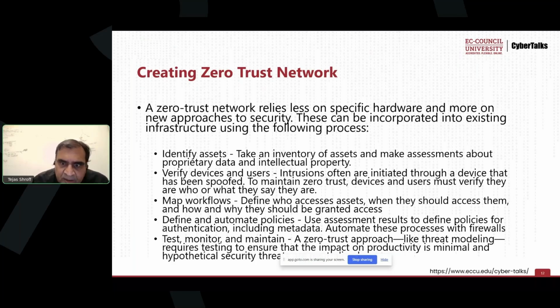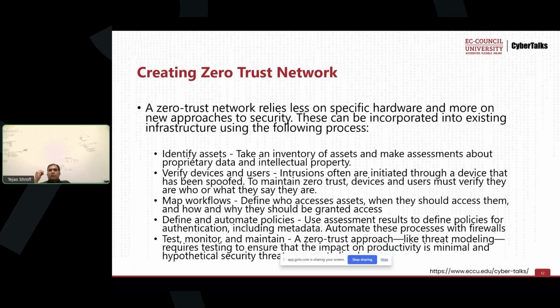Test, monitor, and maintain. A zero trust approach like threat modeling requires testing to ensure that impact on productivity is minimal and hypothetical security threats. Threat modeling is something which you do when you are about 70% or so confirmed with your design.